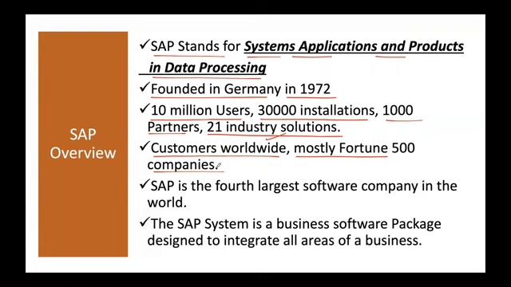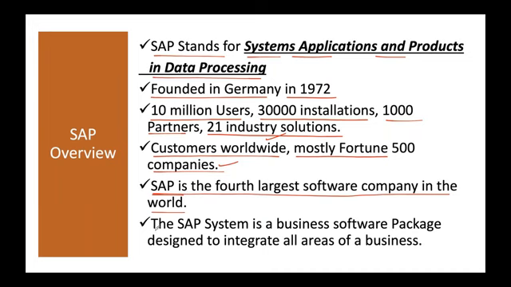If you take pharmaceuticals, you might have heard of Novartis, Glaxo, Ranbaxy, these kinds of companies. And if you take power industries, GE. All these industries are already on SAP, using SAP. As of now, SAP is the fourth largest software company in the world, after Microsoft and IBM.